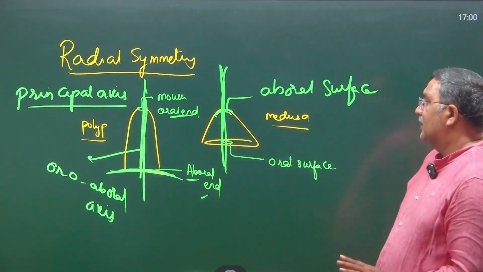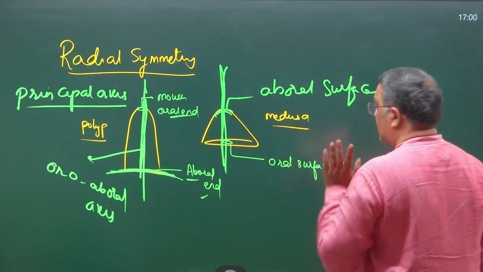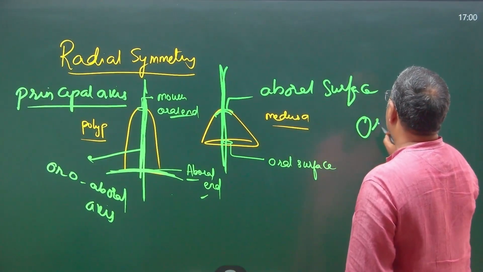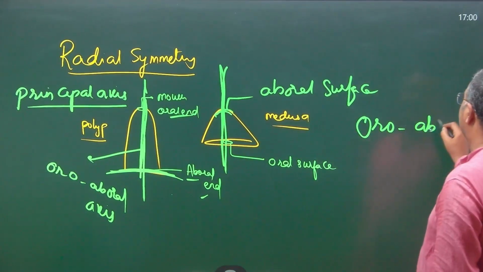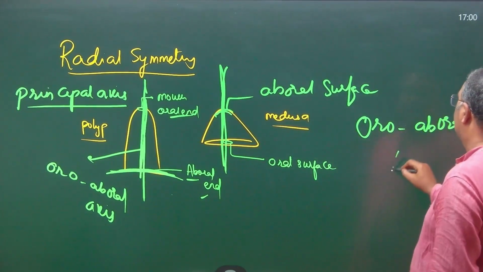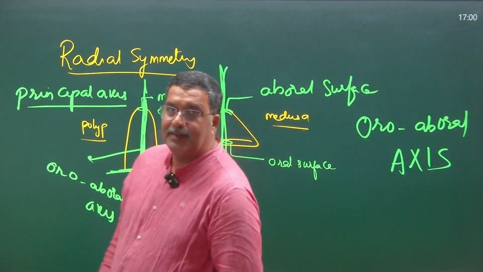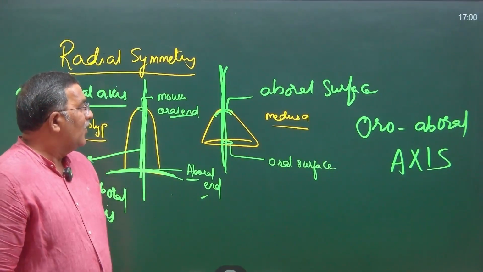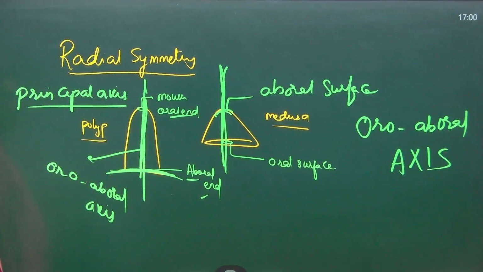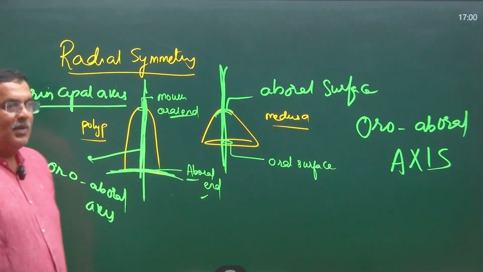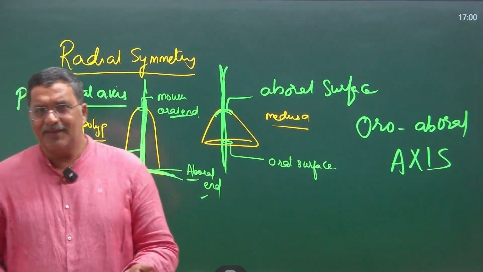But here, the motto is to know what the axis is. Like in bilateral symmetry, the mid sagittal axis. Here, what is the axis? Oroaboral axis. What is the axis in radial symmetry? Oroaboral axis. It's very simple.